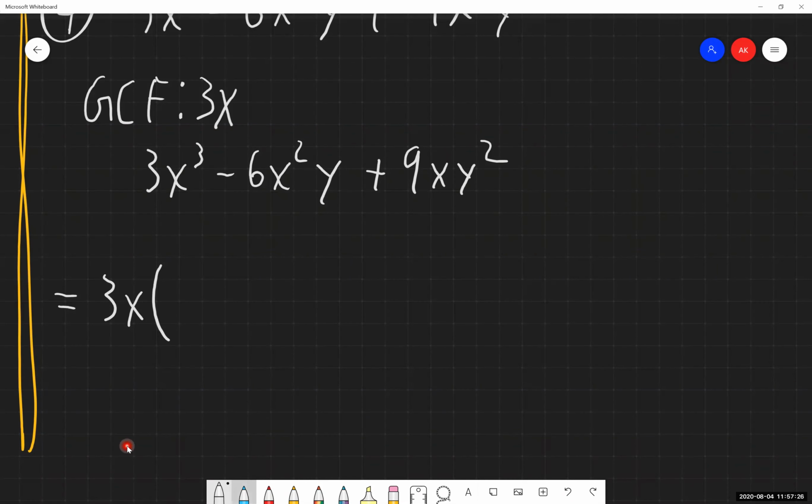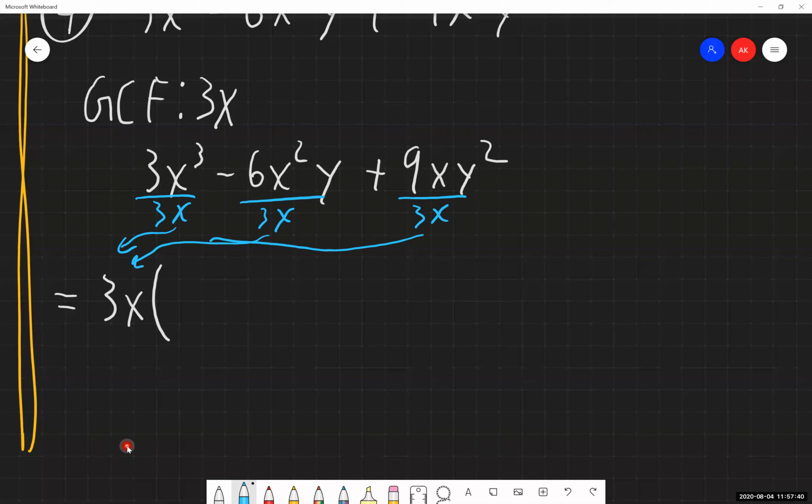And then I'm going to take my original expression and divide each term by that greatest common factor. That's essentially what's being brought out front. So 3x cubed divided by 3x.